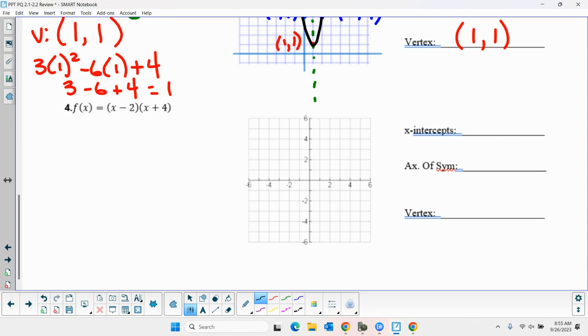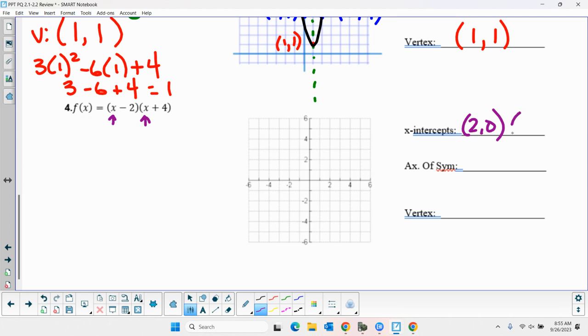So, x-intercepts, I can look at my problem. What number for x makes that equal to 0? What minus 2 is 0? 2, right? So 2, 0 is one of them. What plus 4 is 0? Negative 4, right?